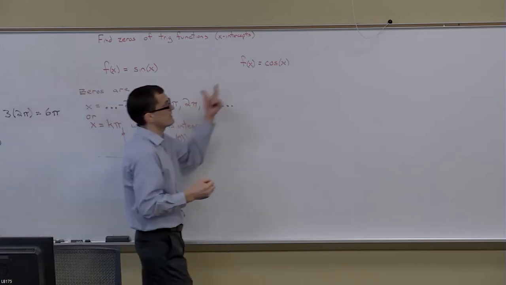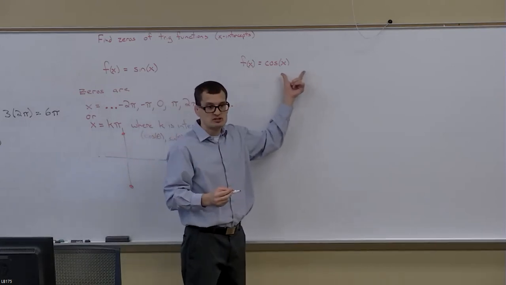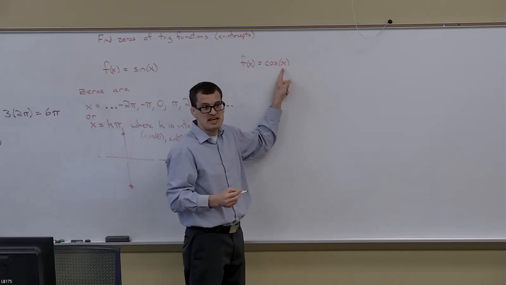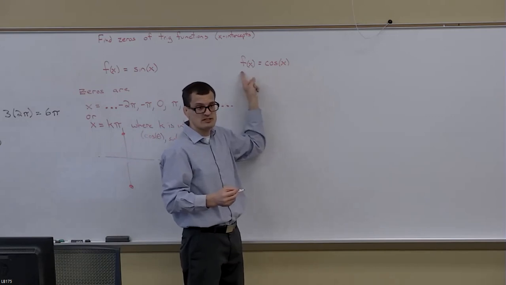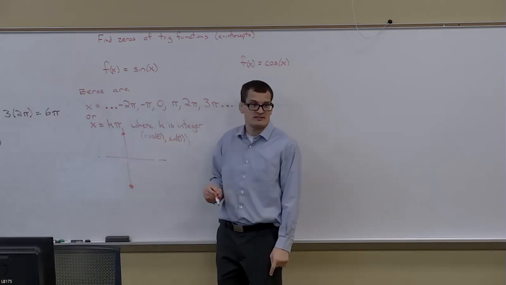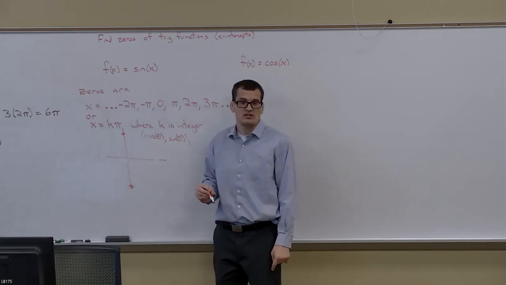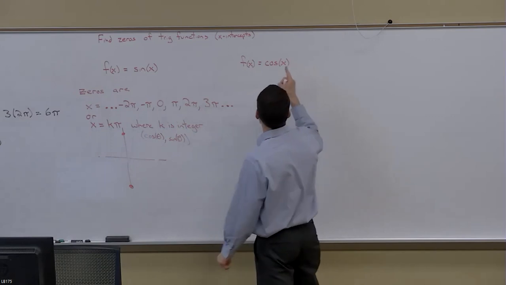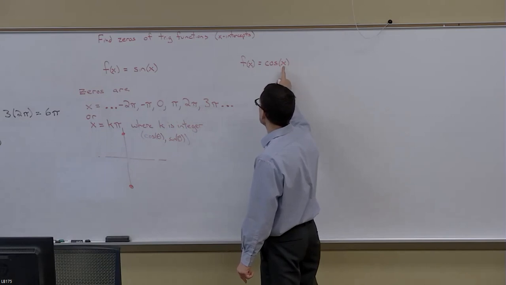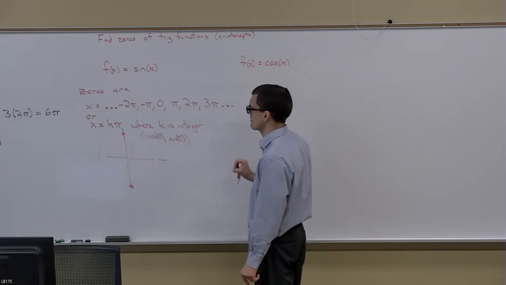But when we translate that into functions, my variable usually is x in a function instead of theta. So when is the input you plug in to cosine giving you a value of 0?